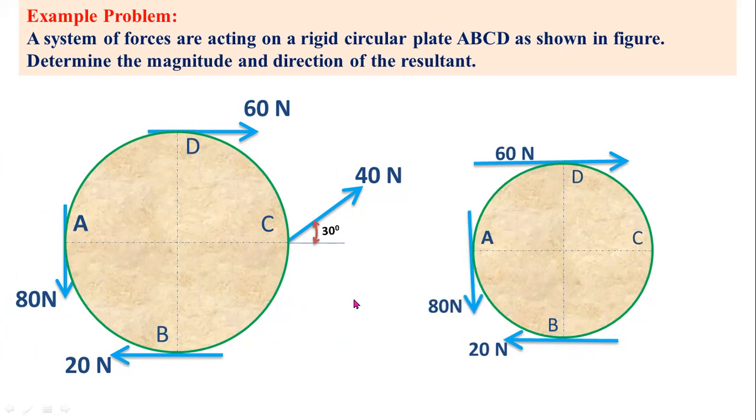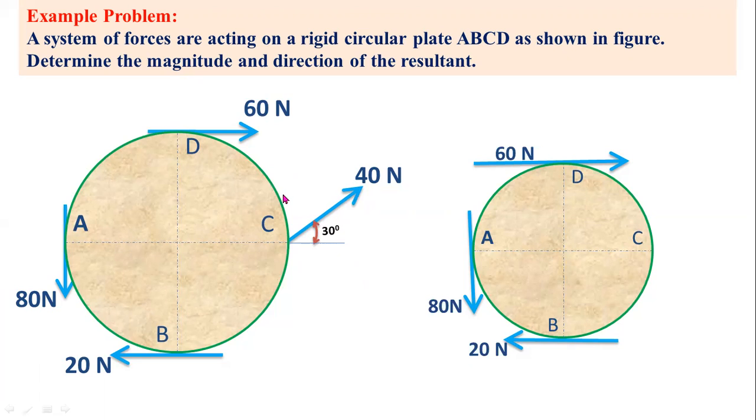Now this one is inclined force. You have to convert this inclined force into horizontal and vertical forces. We need to convert inclined forces into horizontal and vertical forces for solving the resultant.